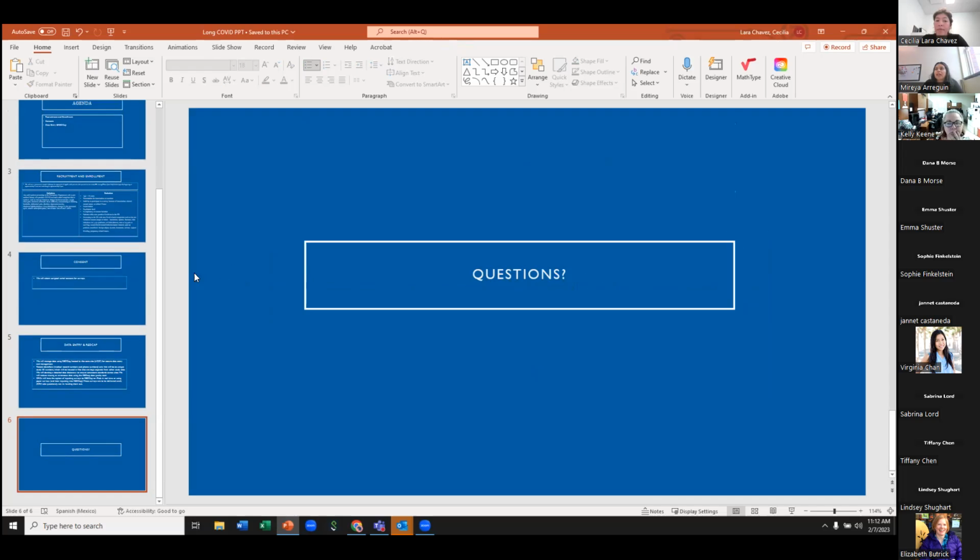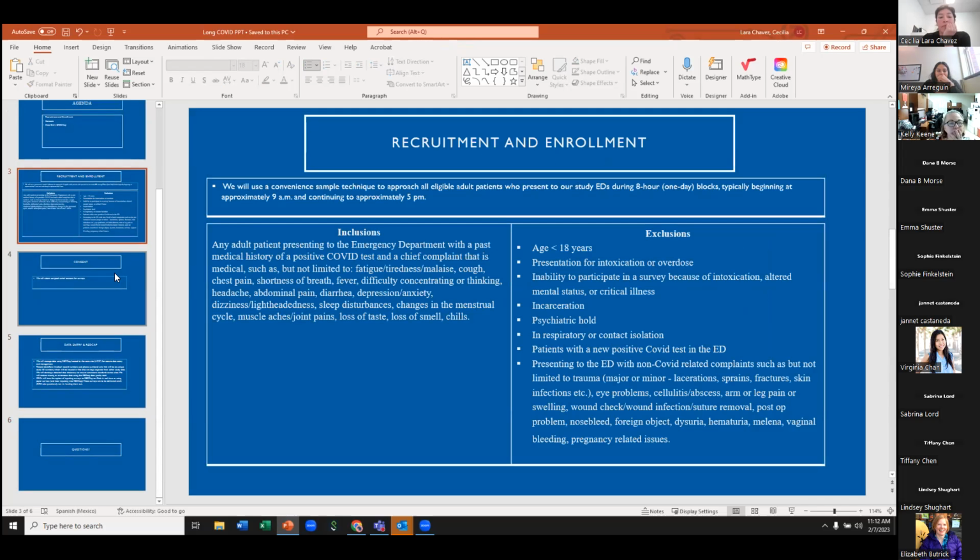I have a question. If I see that someone's reason for being in the emergency department is a fever, and I start enrolling them, and then I realize that their fever is because they have an abscess, would I keep going? Maybe in the chart, in the physical exam, it might say something. Actually, no, because we wouldn't know if it's because of the abscess or they had a fever caused by something else before.